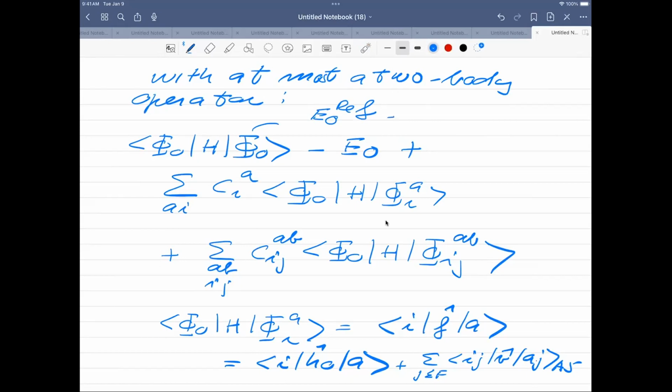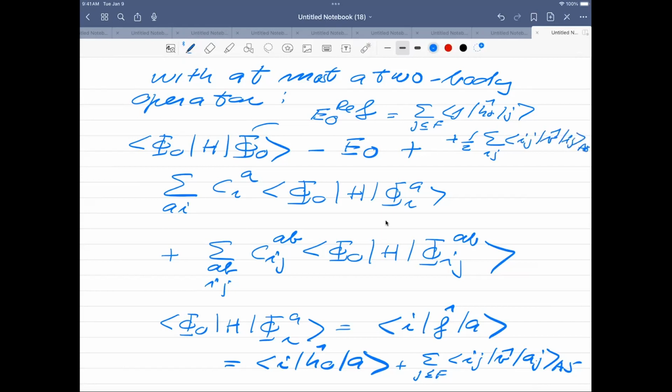And in our case, that was given by the sum over all the states below the Fermi level of J, and then we have these integrals with the unperturbed part of the Hamiltonian, plus a 1/2, and then we had a sum IJ still running up to the Fermi level only, and then we have V and IJ anti-symmetrized.